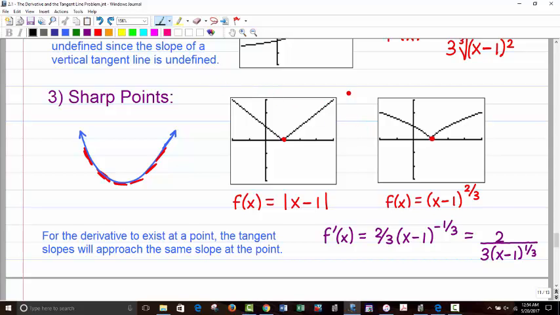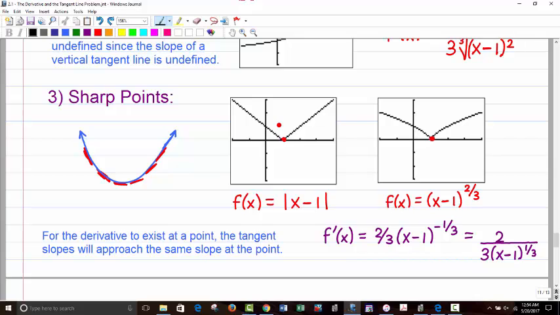Sharp points. Anywhere the graph forms an extreme sharp point. There is such a concept as left and right derivatives, like the left and right limits we've seen.